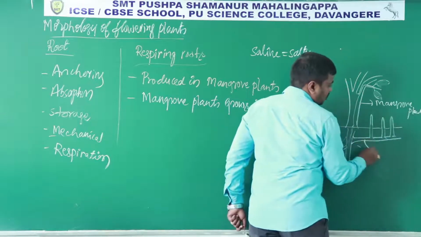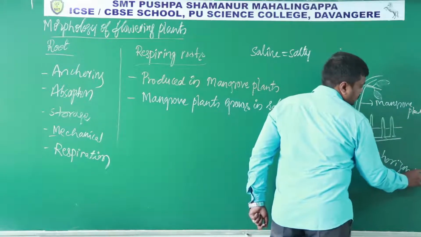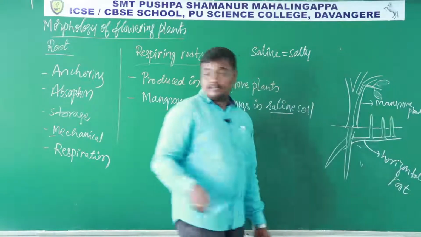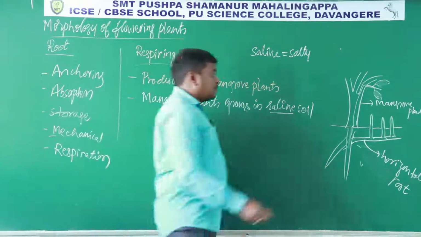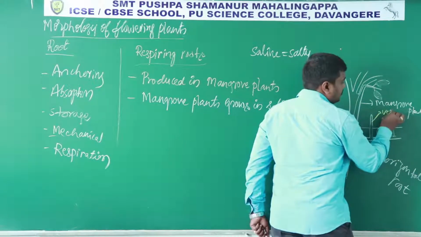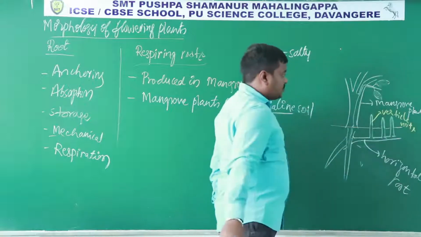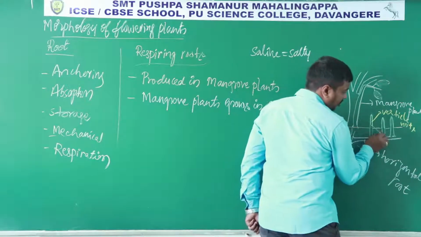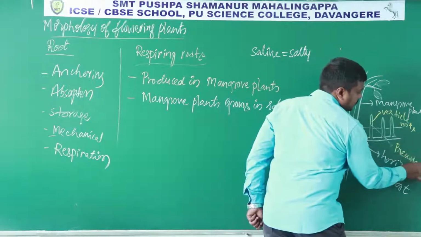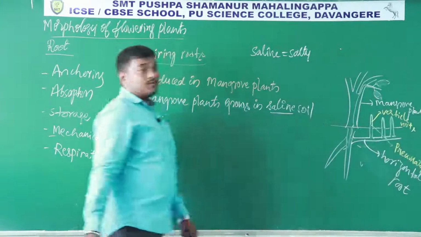So this is a horizontal root, and these roots are vertical roots. So these vertical roots are called pneumatophores. ಇವನ್ನೇ pneumatophores ಅಂತ ಕರಿತೀವಿ.